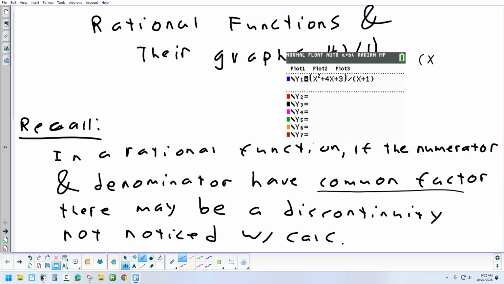It becomes x plus 1, x plus 3. That's the numerator factored. And in the bottom, you had an x plus 1. What happened there is you have a common factor. Common factor of x plus 1 in the top and the bottom. When you have a common factor, you can get a break in the graph, a discontinuity, that you don't notice.